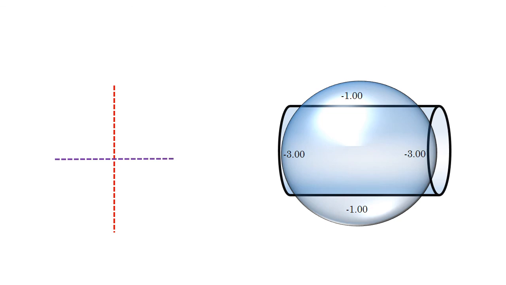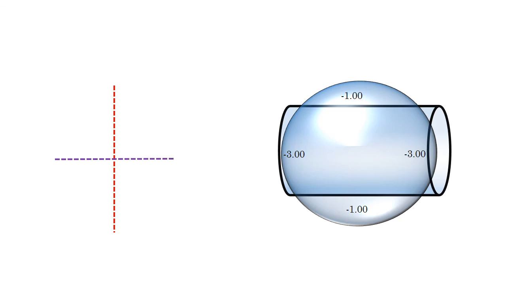Look at the orientation of this cylinder and the power that's on the lens. Remember that with a cylinder, that flat side, in this case on that cylinder, is horizontal. Remember, you could put a pencil up against it. It's flat. That's the side with no power.